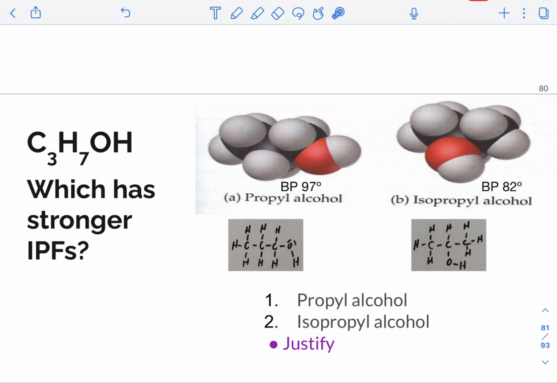So that means the stronger IPFs are going to be this one right here, because it's easier for the hydrogen bonding to happen. So we would say stronger IPFs for propyl, and that is why the boiling point is not so much higher, but it is higher. You can see that. Stronger IPFs, higher boiling point.